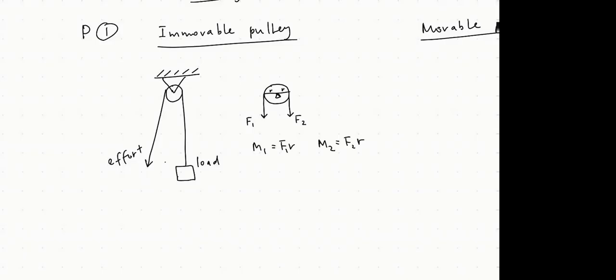In order to lift something, the two moments have to be the same. So M1 equals M2, and that means F1R is equal to F2R, because R is the same. Then we have F1 equals F2.